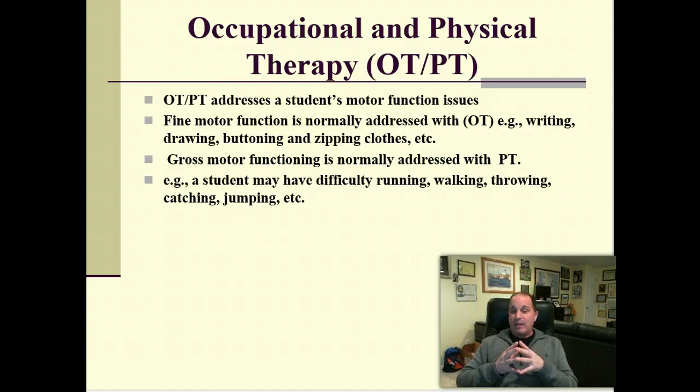But occupational and physical therapy are both related services and often quite common for children with motor issues, in particular those children with orthopedic impairments who have difficulties with motor-related issues such as cerebral palsy, spina bifida, or other types of disabilities where motor concerns are at issue.